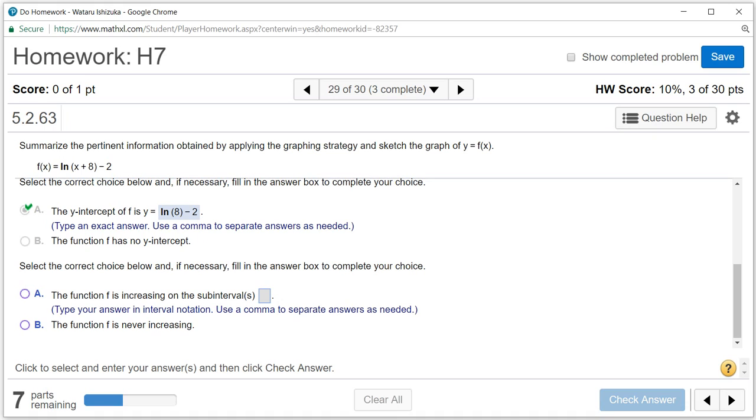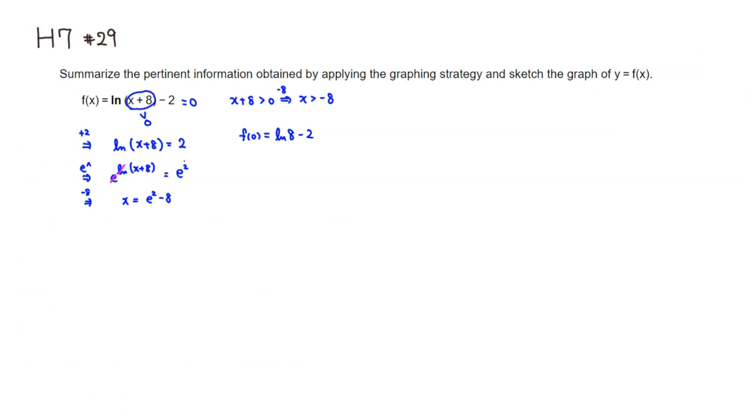Next one, increasing. We're looking at the increasing and decreasing behavior, so we're going to have to look at the derivative. Let's take the derivative.